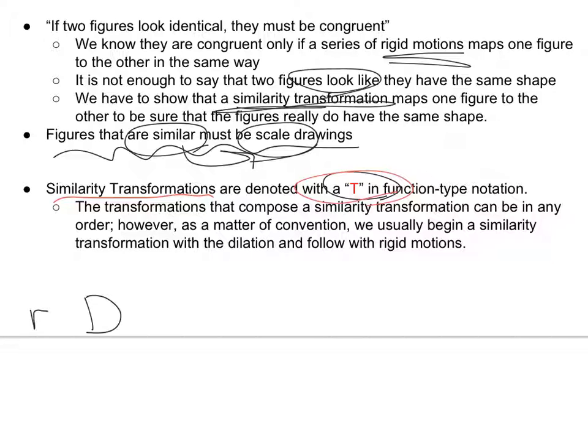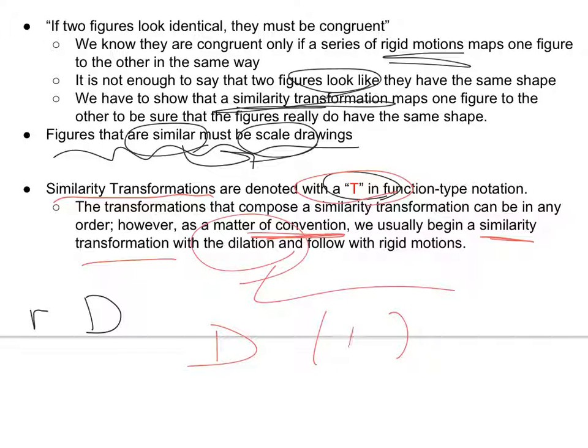The transformations that compose a similarity transformation can be in any order, but we are going to usually begin with a dilation, and then follow with everything else. So we're always going to have a dilation first, and then everything else in parentheses on the inside.